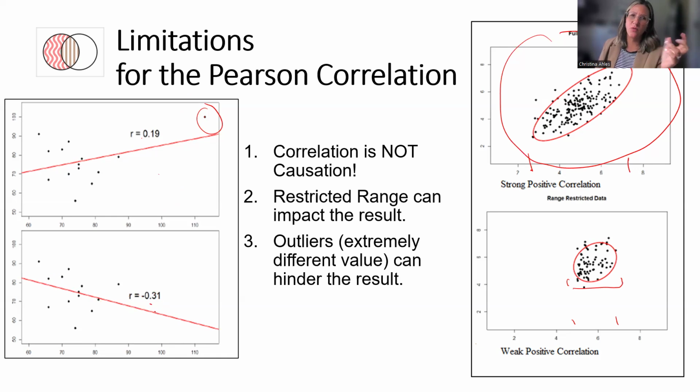So it's still a weak relationship, but it's much stronger than 0.19 and it's a negative relationship instead of a positive one. So these are things that you sometimes need to address when you're dealing with correlation research. If you have an outlier, sometimes you might have to trim your data so that you don't have outliers.